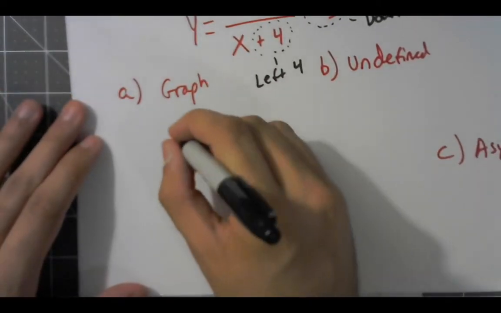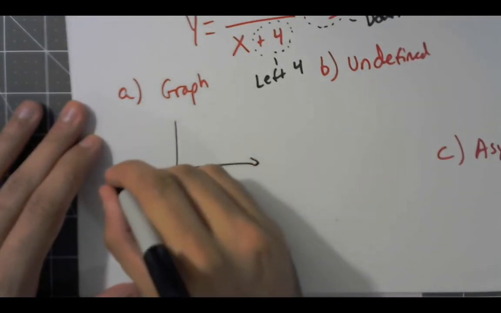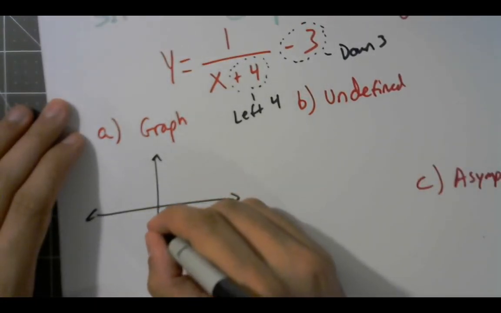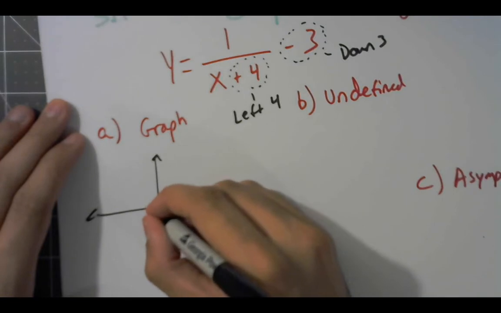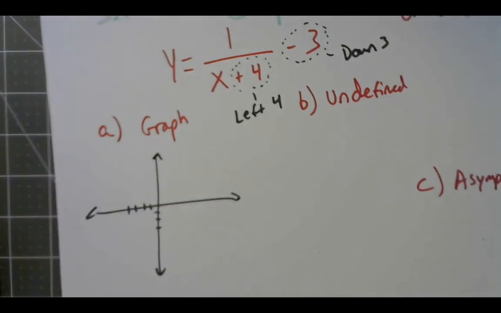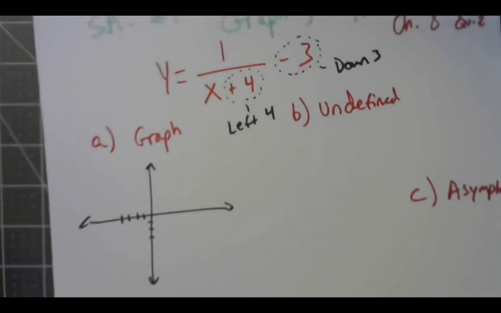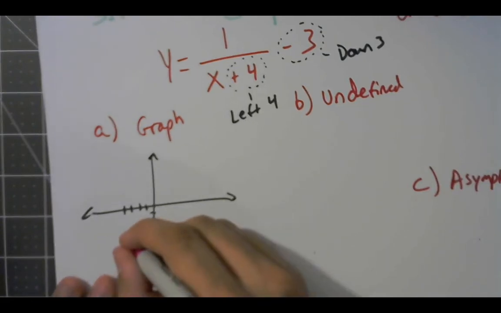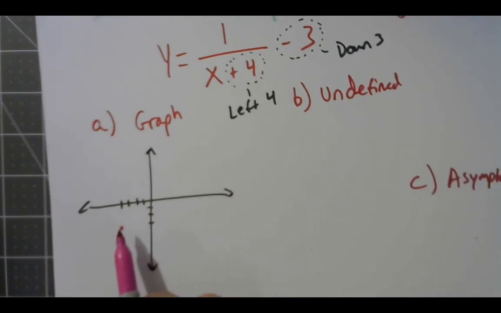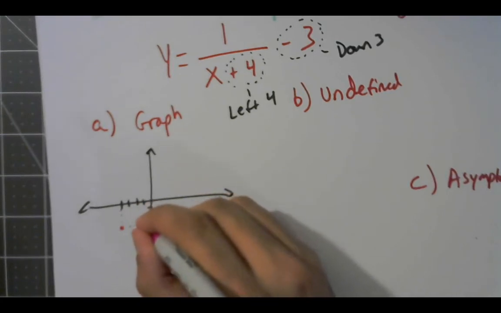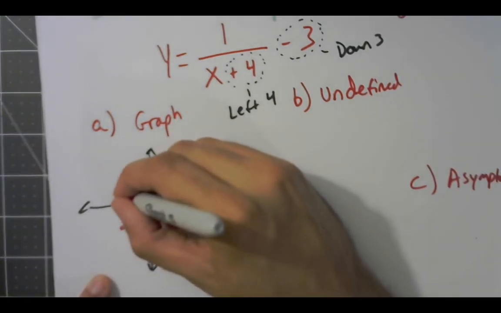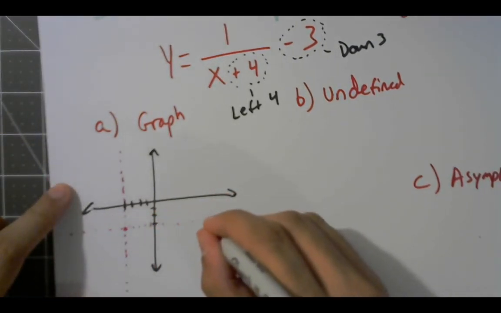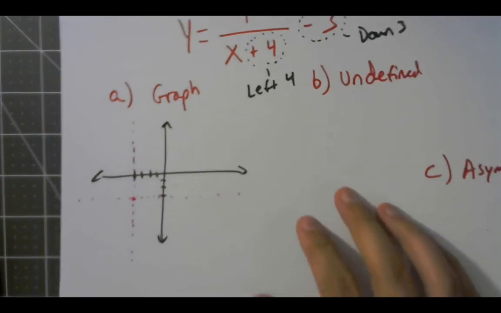So down here on the graph, I'm going to go down 3, 1, 2, 3, and then left 4, 1, 2, 3, 4. You'll be given a graph as always. That point right there is left 4, down 3. And I'm going to extend these to go all the way up. These are going to be our asymptotes, our imaginary lines our graph can't cross.